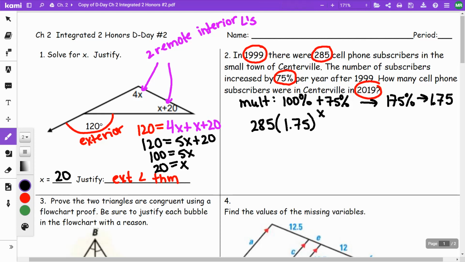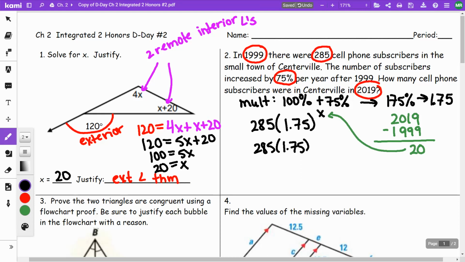the power x. Now, the difference between the year 2019 and 1999 is 20 years. So I am going to raise this to the 20th power. So we're going to have 285 times 1.75 to the 20th.